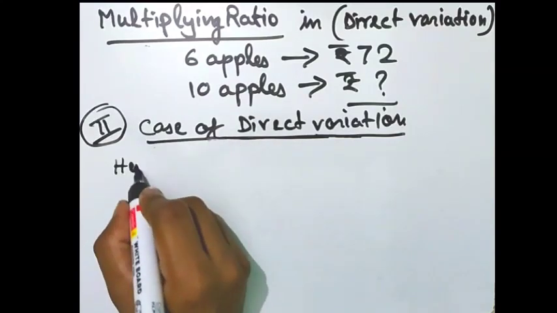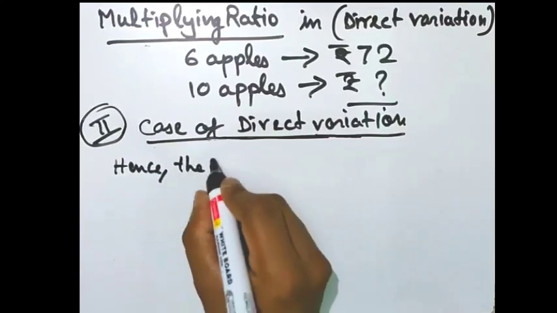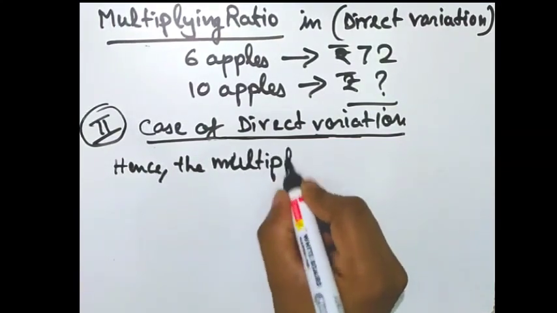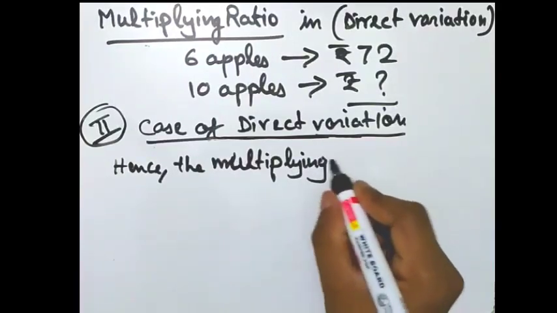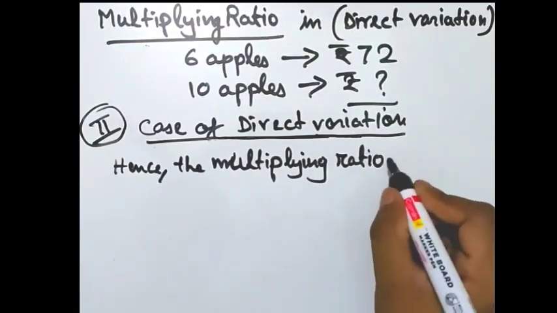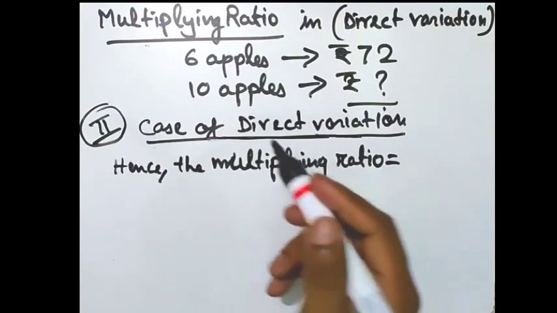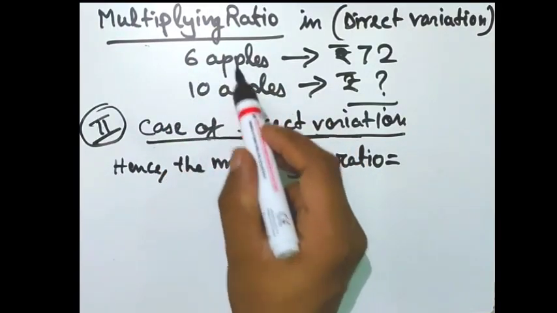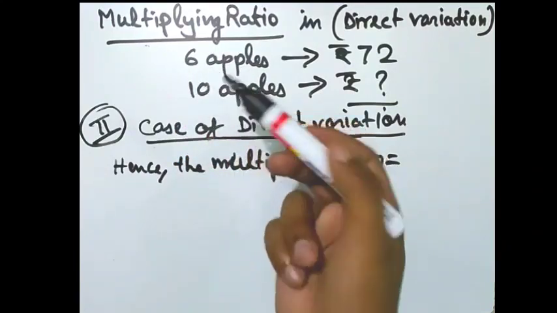Hence the multiplying ratio will be equal to what? It will be the inverse of the ratio of the two values that is given.